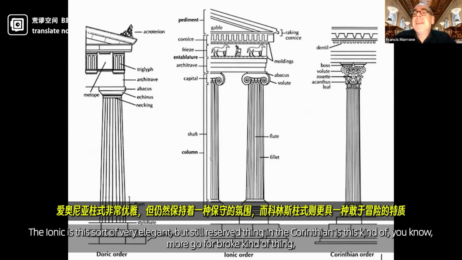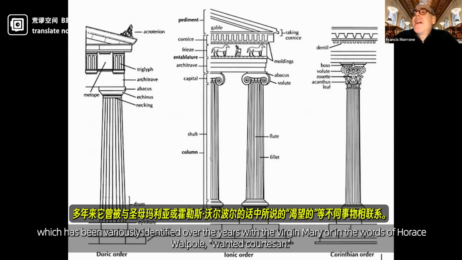The Ionic is this sort of very elegant, but still reserved thing, and the Corinthian is this kind of more go for broke kind of thing, which has been variously identified over the years with the Virgin Mary, or in the words of Horace Walpole, wanton courtesan.